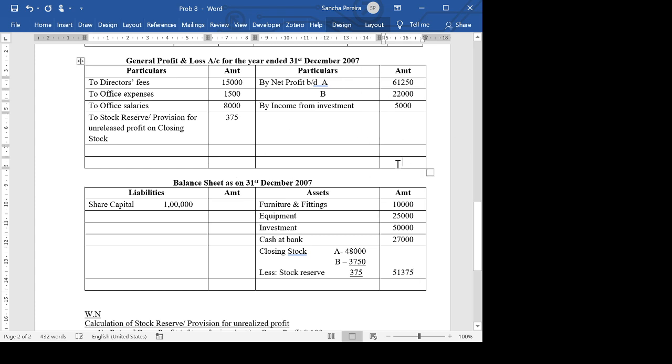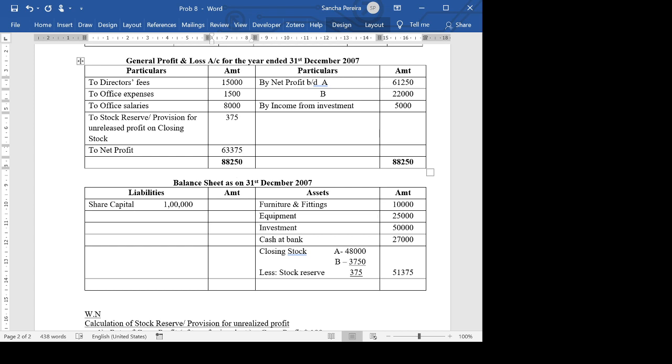So here you have a total of 88,250. Here also it's 88,250. And then we finally have our overall net profit, to net profit. And the net profit is 63,375.